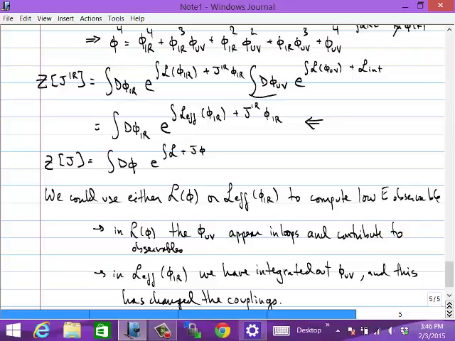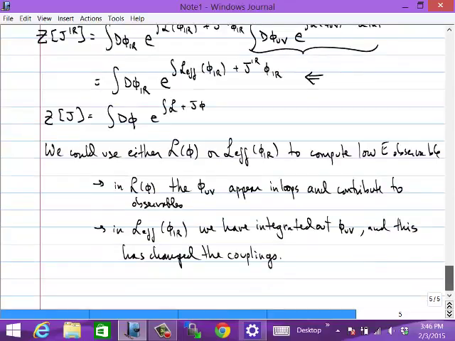So when you actually do this integral, you're going to change the answer that you get for the Lagrangian. L effective is just not going to be L. Okay? So that means that in L effective, the effect of loops in phi UV appear implicitly in the low energy couplings.